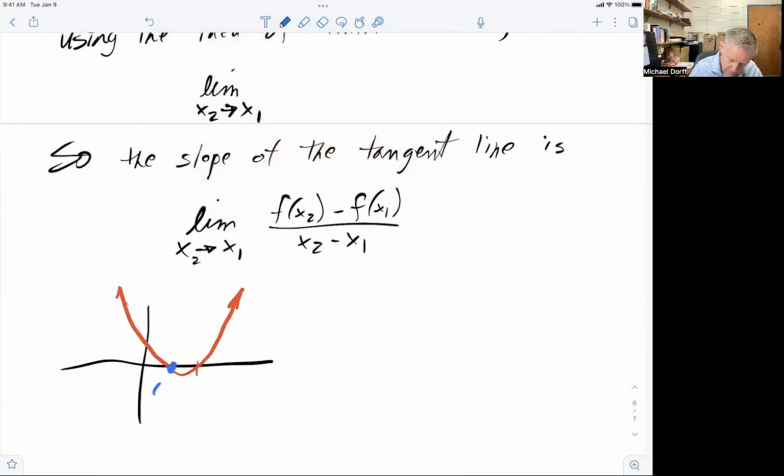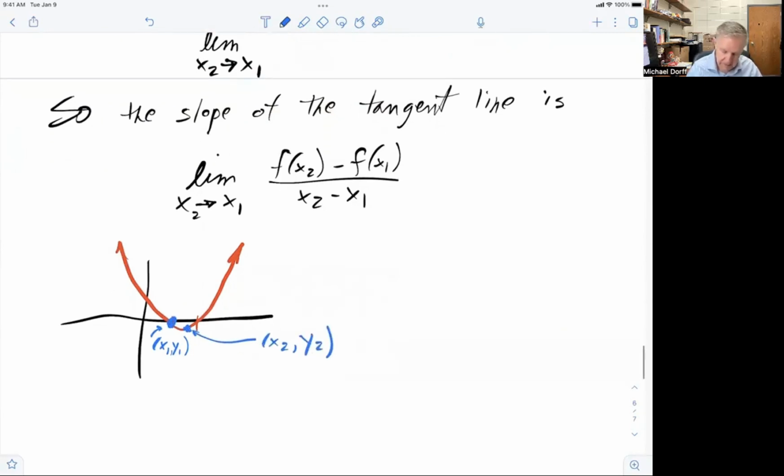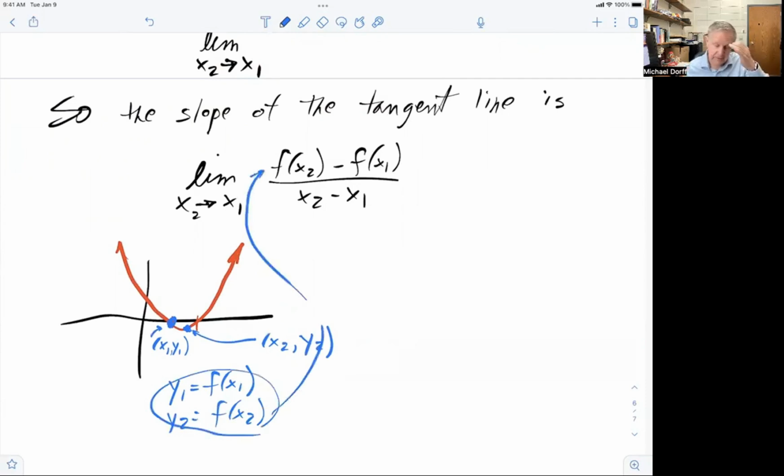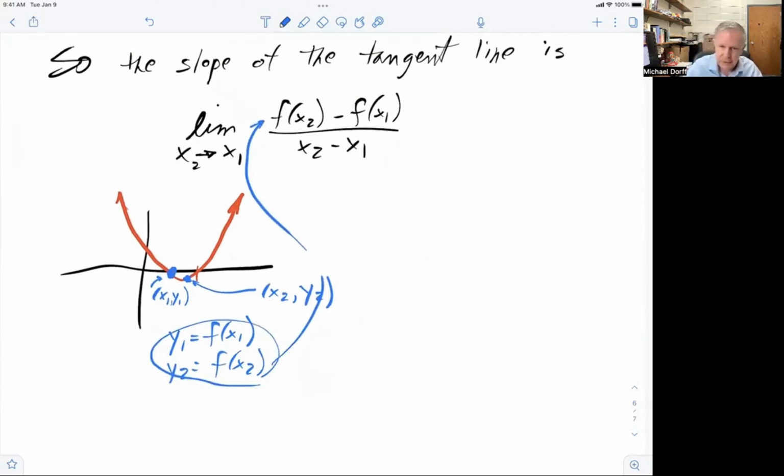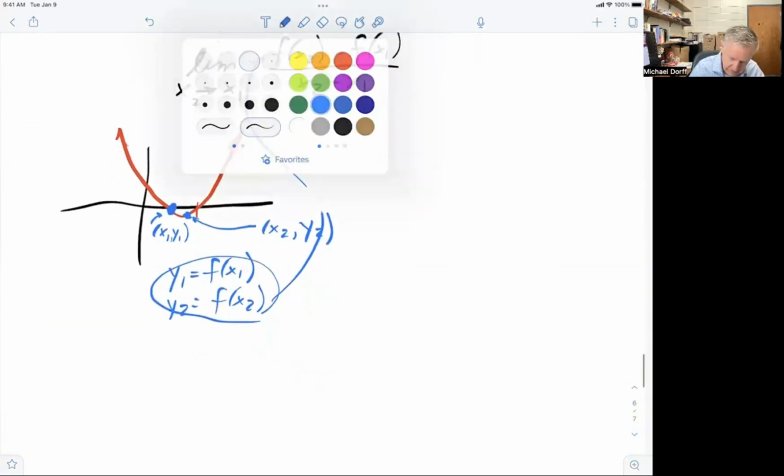Here is my point x1, y1, and I'm trying to get a point here. We'll call this point x2, y2. Now notice that y1 is the same thing as f of x1, and y2 is the same as f of x2. So when I plug these into the slope formula, that's why I have f of x2 minus f of x1.